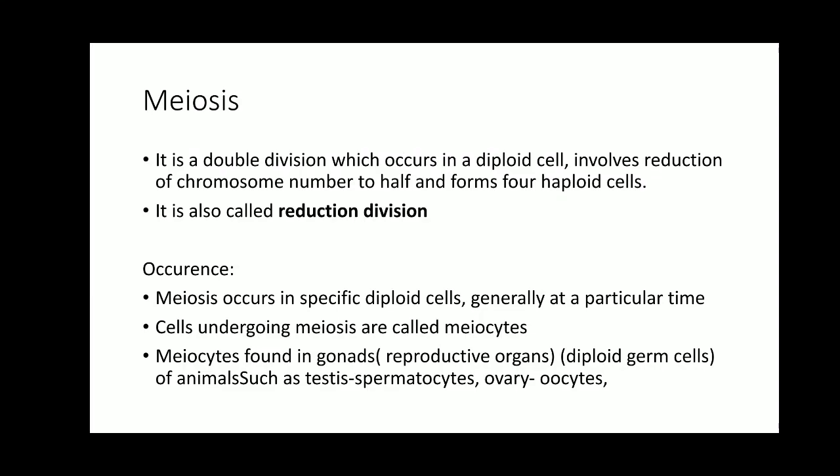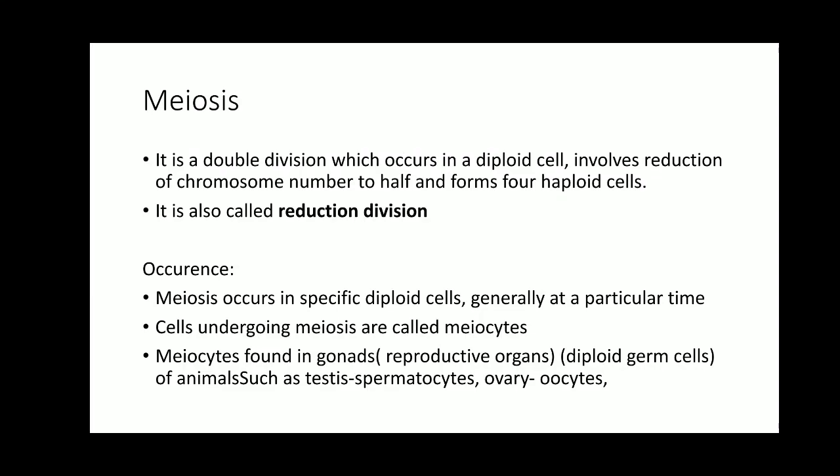And how it is different from mitosis is, in mitosis, same replica of the chromosomes is transferred from one generation to another generation, whereas in meiosis the chromosome number is halved or reduced and it forms 4 haploid cells. In case of mitosis, 2 cells are formed. In case of meiosis, 4 haploid cells are formed.